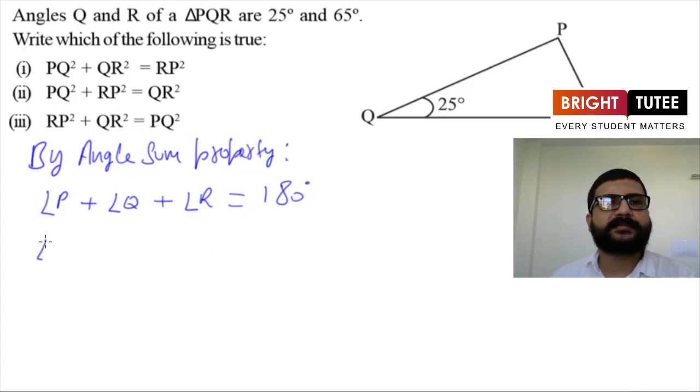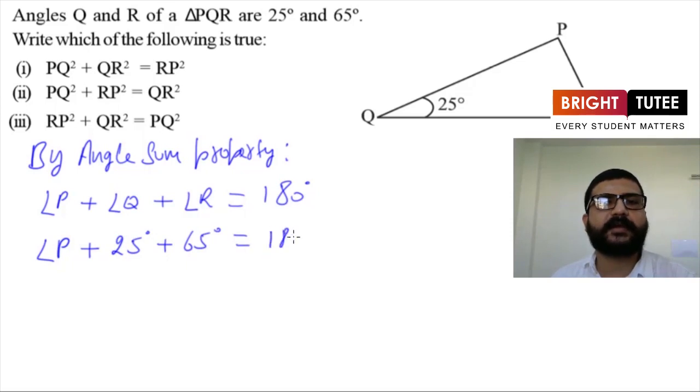Now from here let's put the values of Q and R. So it will be angle P plus 25 degrees plus R, which is 65 degrees. Now this is equal to 180 degrees. Now from here, by simplifying, we will get angle P plus, now 25 plus 65 will give us 90 degrees, is equal to 180 degrees.